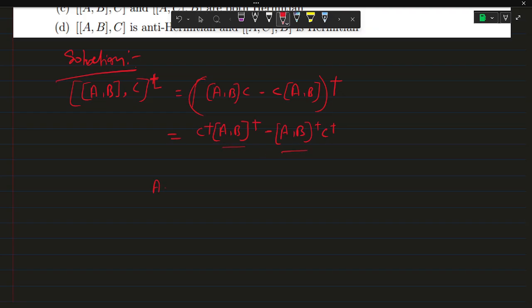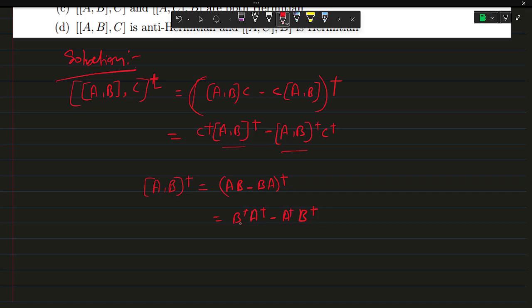What is the commutation AB dagger? It is AB minus BA, dagger. So this will give B dagger A dagger minus A dagger B dagger.